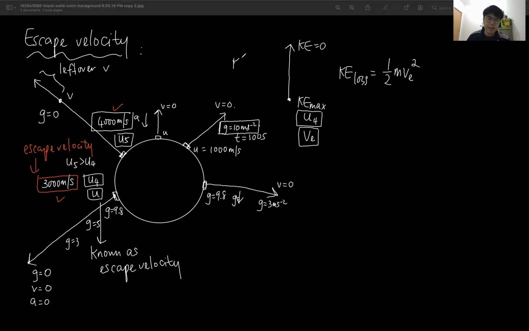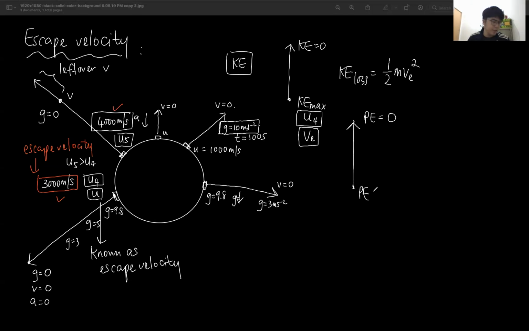This is for the kinetic energy. For the potential energy, the object moving up, what happens to the potential energy? PE up here, when it leaves the gravitational field, what is the PE here? 0, right? This is like your point of infinity. So PE is 0 here. How about the PE here at the ground?